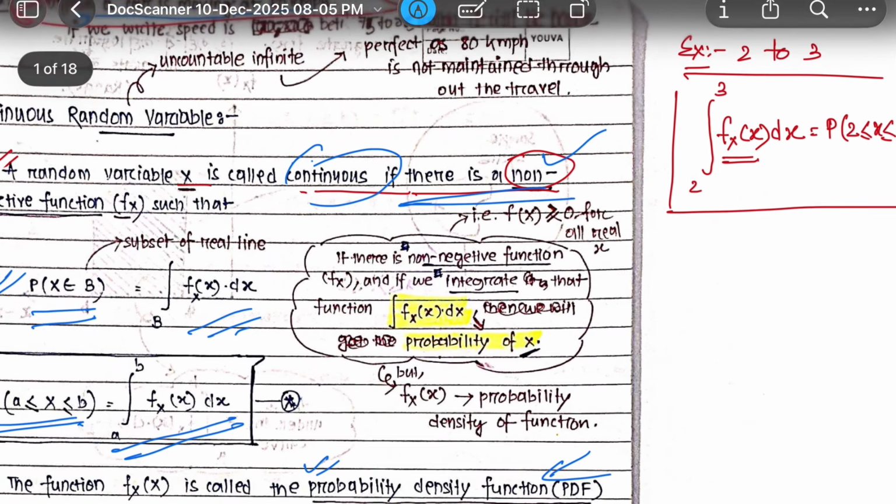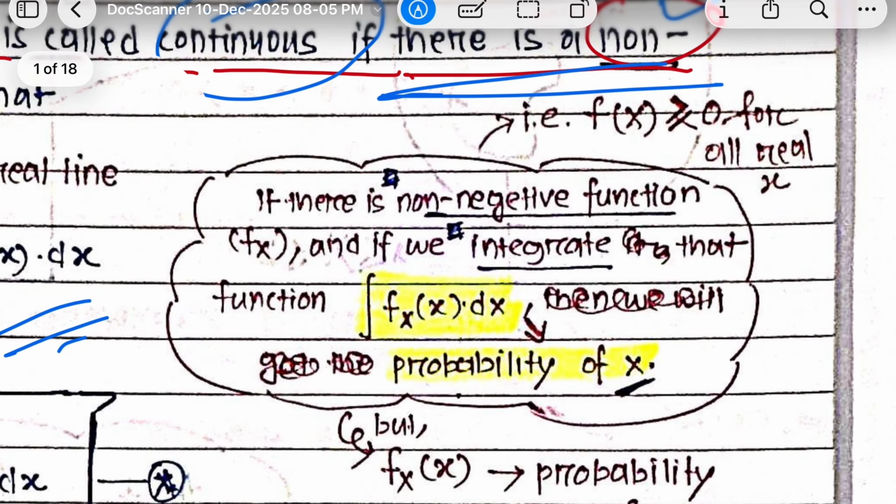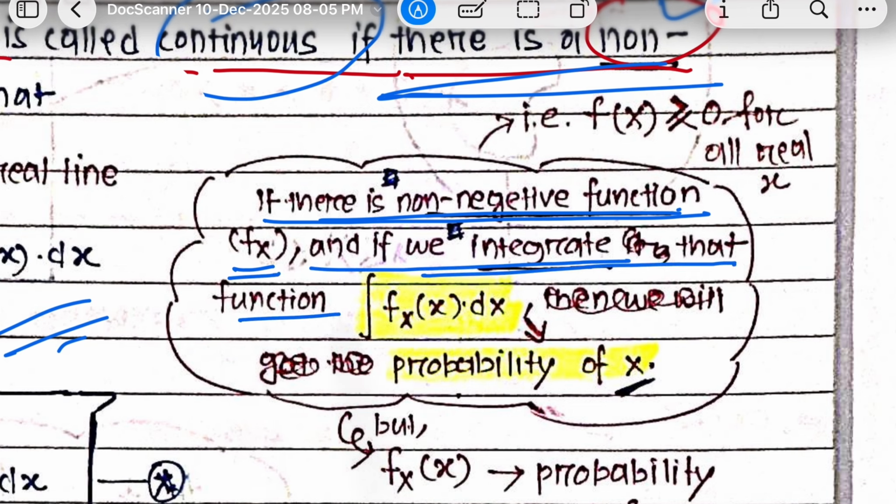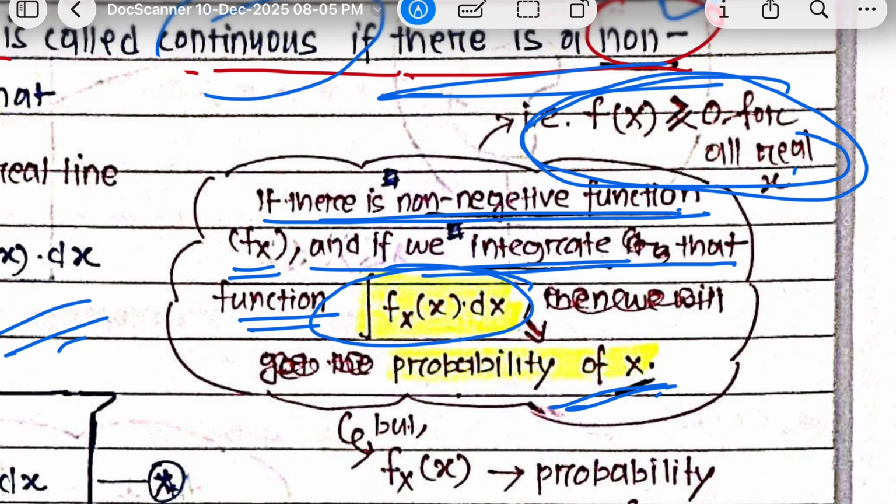So if you read here, there is a thing written that if there is a non-negative function f of x, and if you integrate that function, f of x with respect to dx, you will get the probability of x. The first condition is that it must be non-negative. Then we integrate this for that area, and we will get the probability of x.